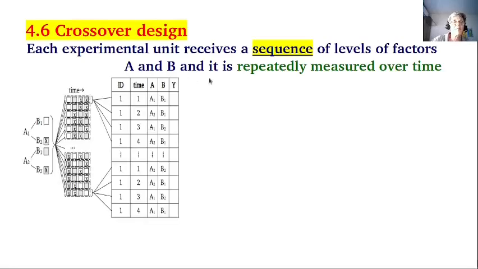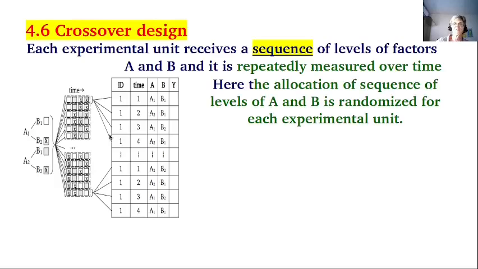So here we have a given experimental unit that is measured in 4 different periods of time, in which we applied a given sequence of the combinations of the levels of experimental factors A and B, and these are the values of the response variable. We repeat this as many times as needed to complete the set of situations.